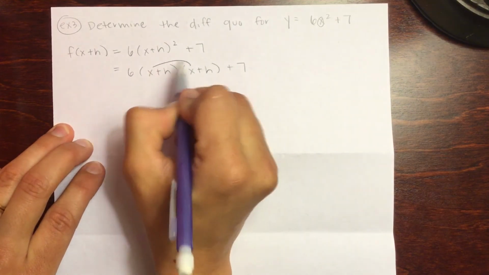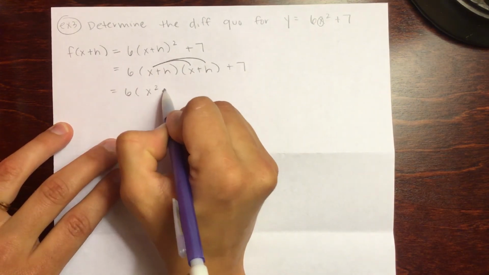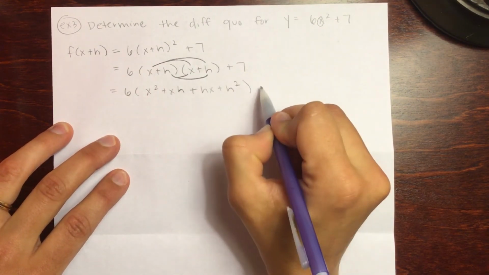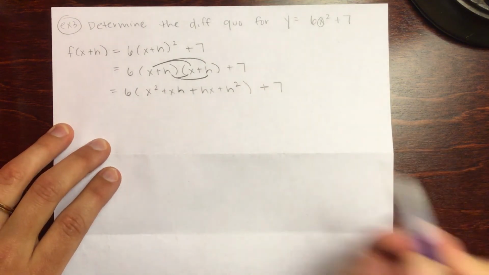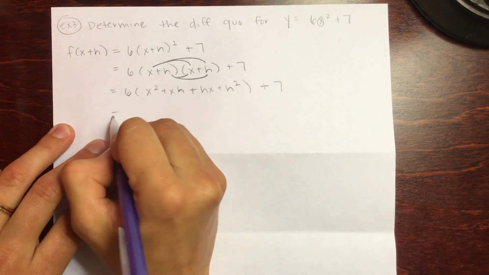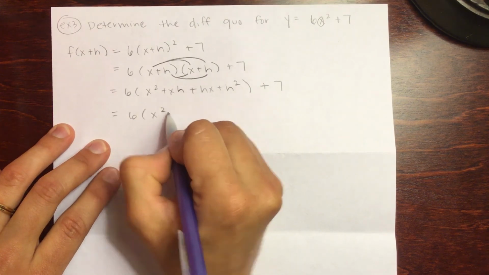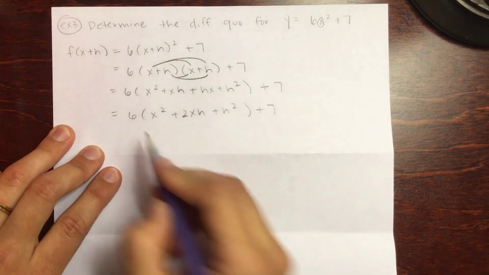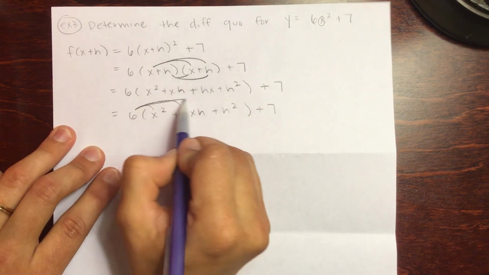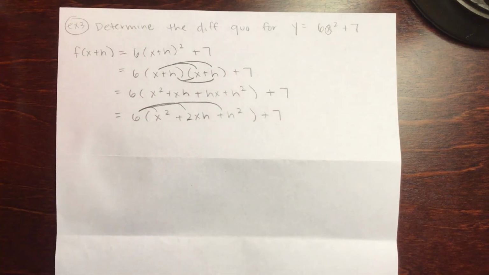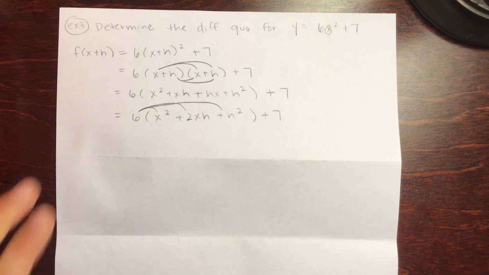We need to distribute our x, distribute our h, and now combine like terms, and now distribute the 6.